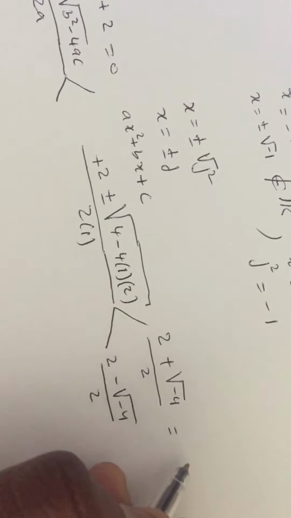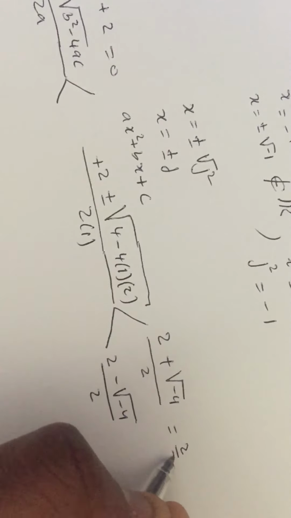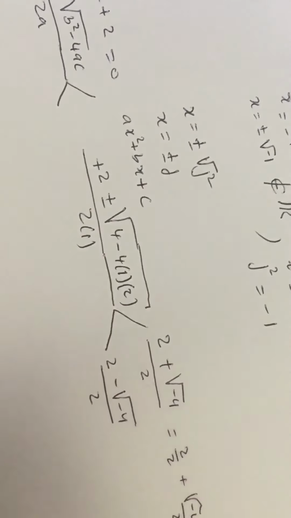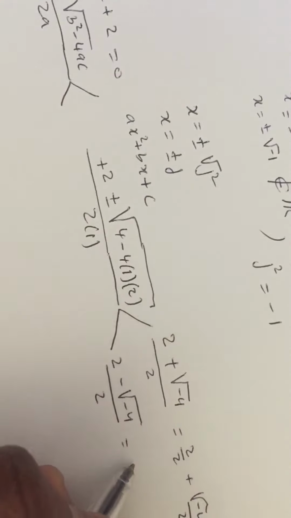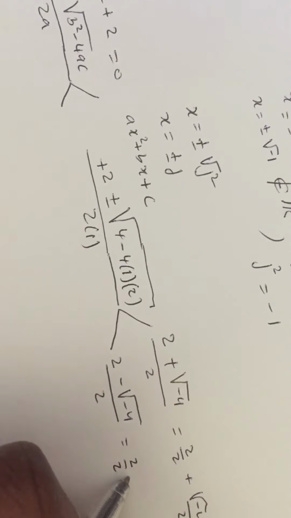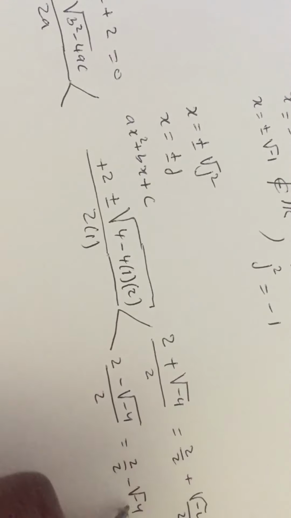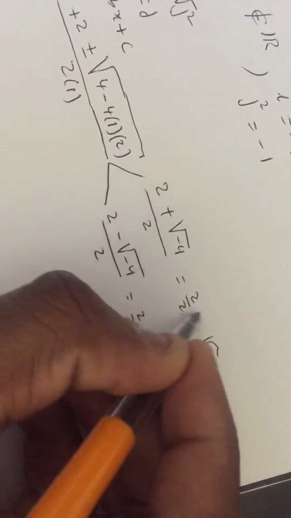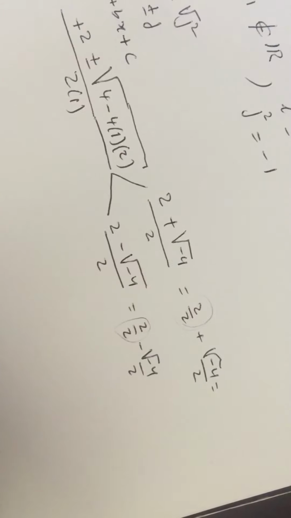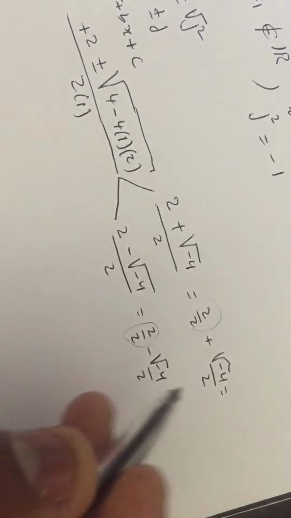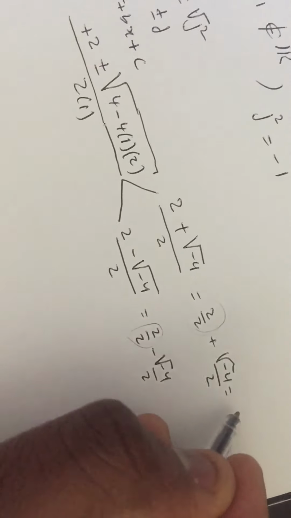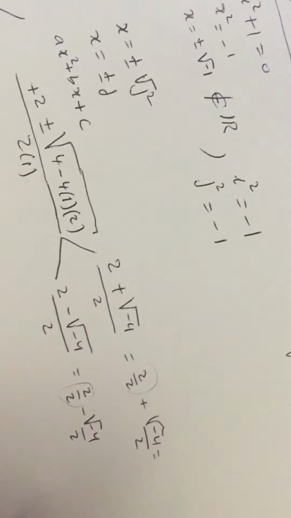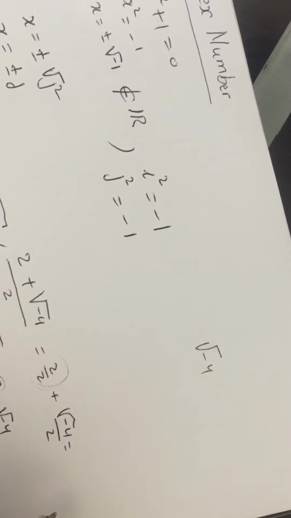Let's simplify this. It's going to be 2 divided by 2, which is 1, plus or minus, and we're going to work with the square root of minus 4.